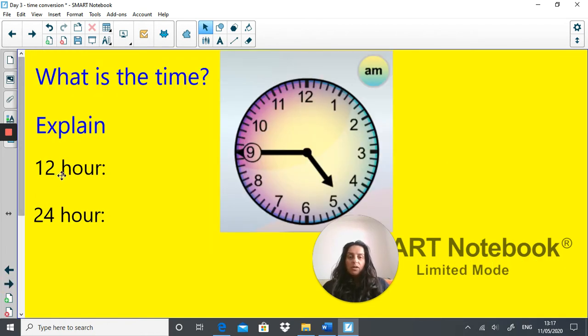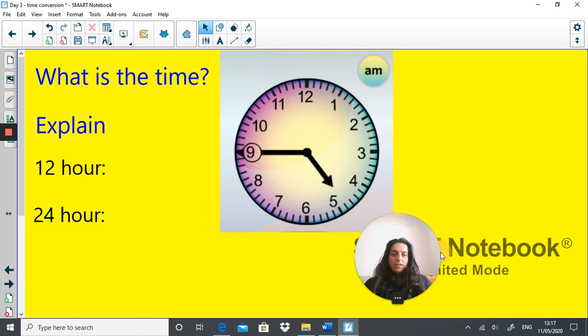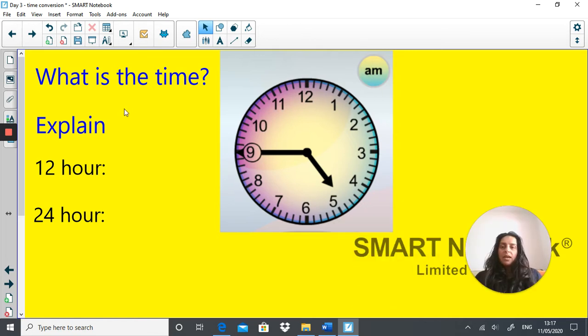So here we have a clock. I'll move myself out of the way as always. So there's an indication here that this is AM. So what is the time here? Please write it in the 12-hour version and the 24-hour version. Off you go. The time here is 4:45.